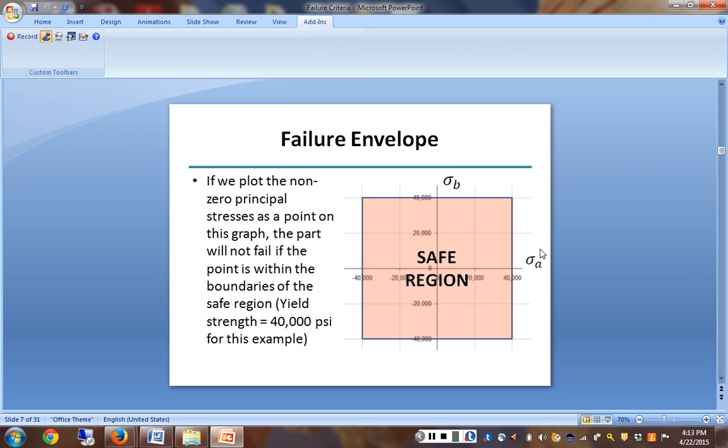Sigma A, sigma B. So looking at that allows us to basically, once you find the principal stresses and you put that point on a set of axes, you can look at your failure criteria and basically say, where are the limits of how big my principal stresses can be?